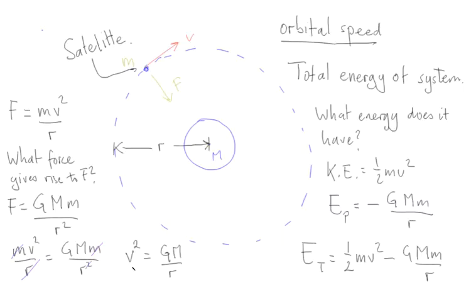And this v is in fact the orbital speed. So if we square root all this, we get the orbital speed, which is not dependent on the mass of the satellite, interestingly enough.